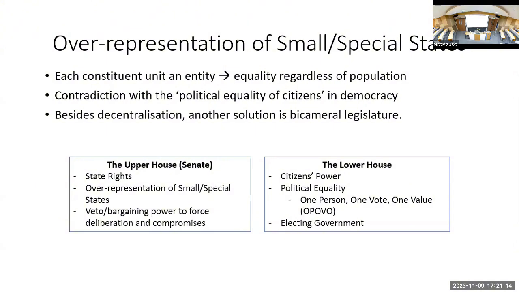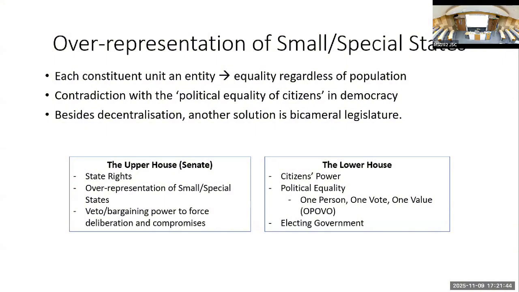And ultimately, if small states and large states have the same amount of power, this is overrepresentation. For example, in America, California has 2 seats in the upper house, and Rhode Island, Wyoming, all the small states also have 2. So that means the small states are overrepresented. This gives the states some bargaining power to force deliberations and compromises.